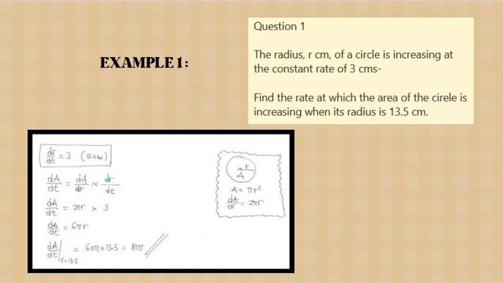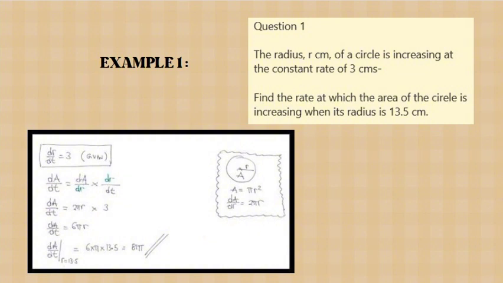Example 1. The radius r centimeters of a circle is increasing at a constant rate of 3 centimeters per second. Find the rate at which the area of the circle is increasing when its radius is 13.5 centimeters.